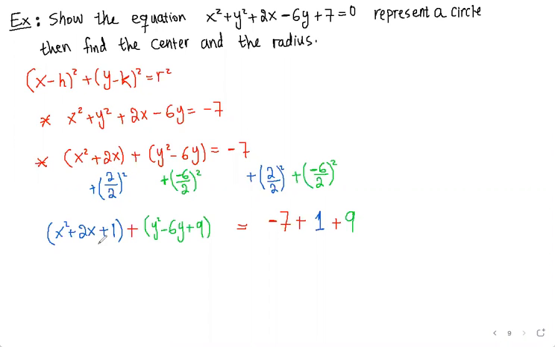Now let's complete the square here. What's the factoring for these? What is the factor for the first parentheses? That's x plus 1 squared. What's the factor for the second parentheses? y minus 3 squared.